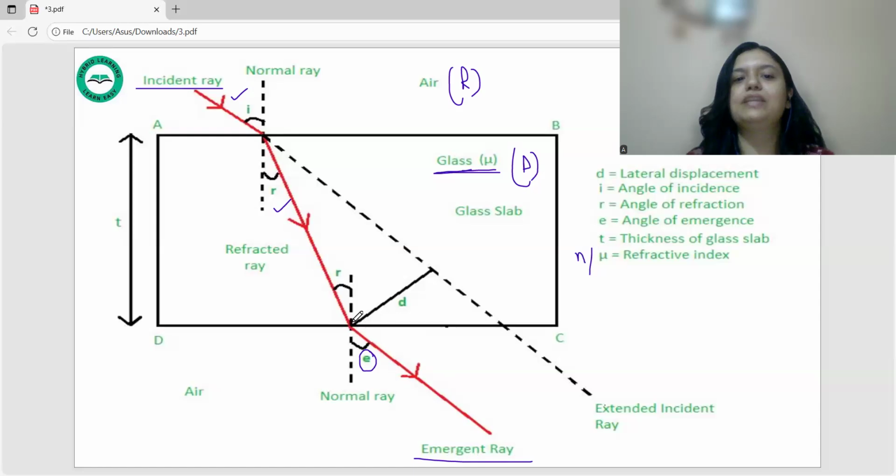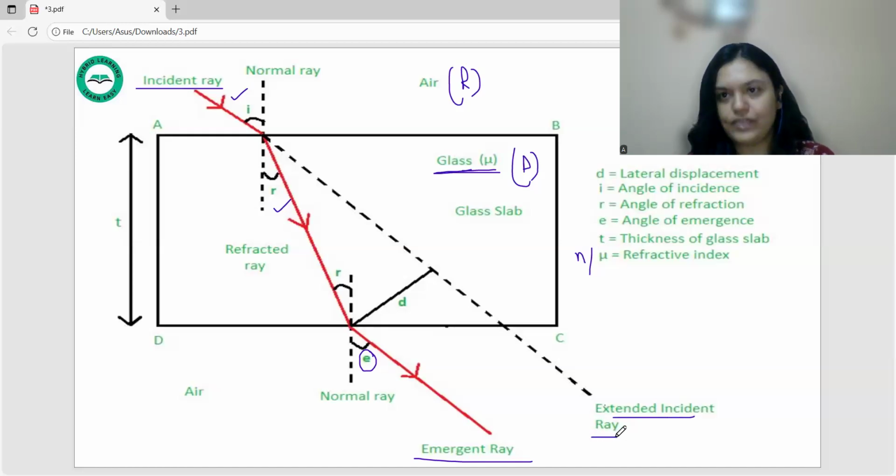Now, what is happening, if you just understand, suppose this is the incident ray. If there wouldn't have been any rectangular glass slab, the light ray would pass as it is, through this dotted straight line. This has been denoted by the extended incident ray.